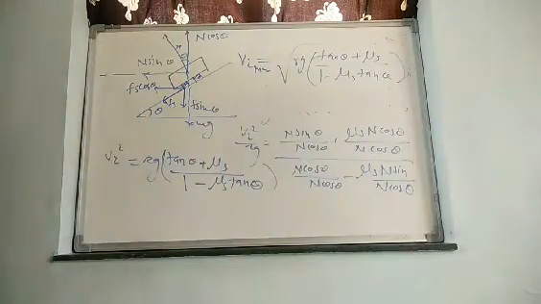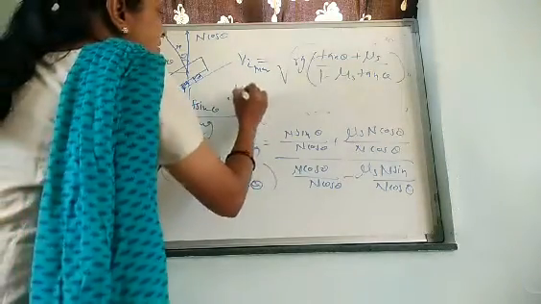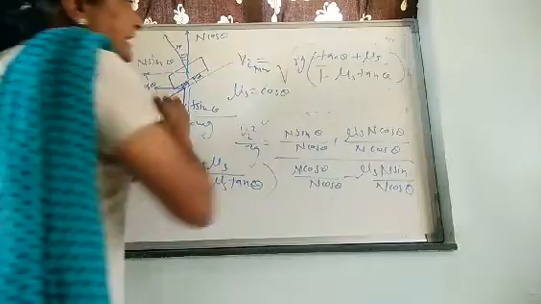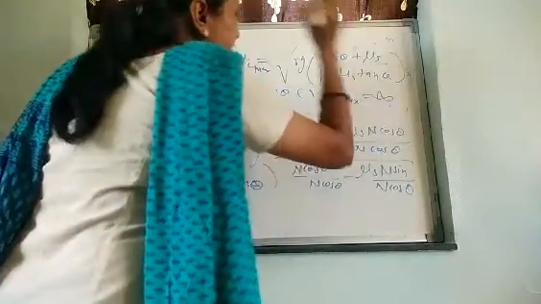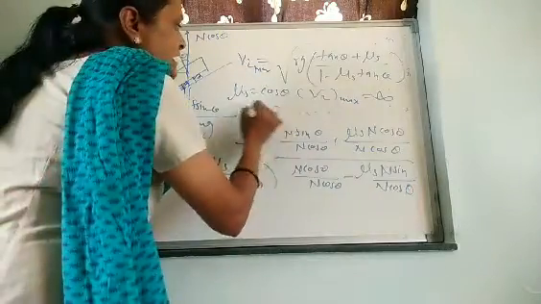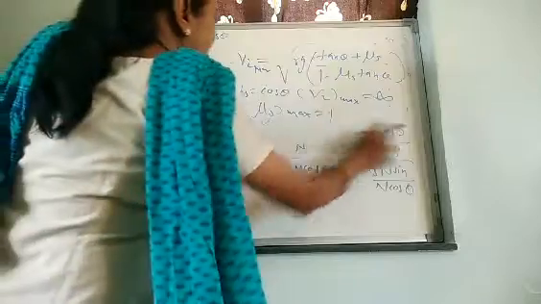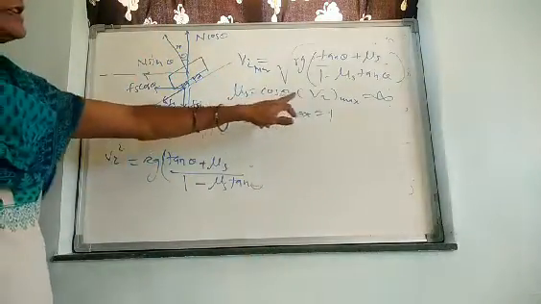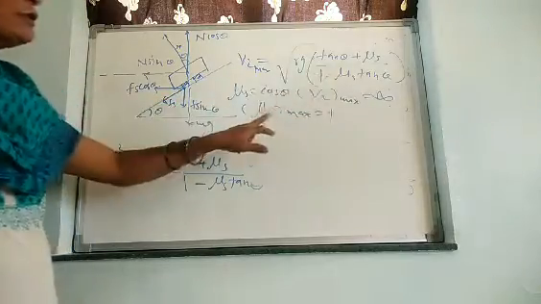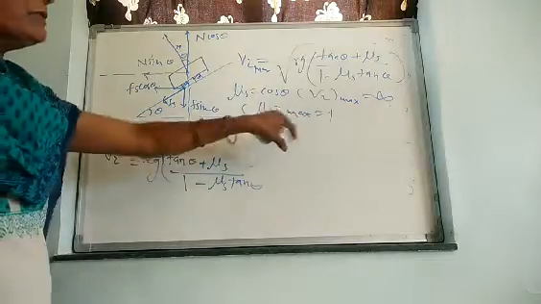This is an expression for upper speed limit. In this case, if mu s is equal to cot theta, then at that time V2 max will be equal to infinity. But mu s max is equal to 1.